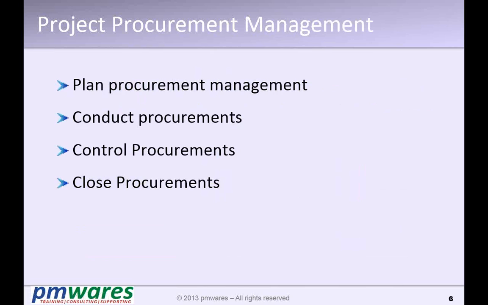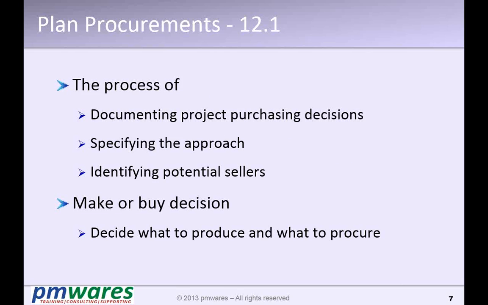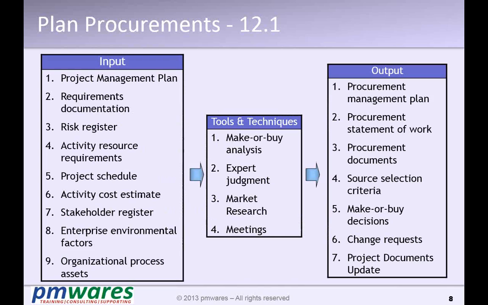The first step in this direction is planning the procurement, that is, developing a procurement management plan. The idea is to understand what kind of contracts are specified in our organization or in the industry, use one of them, take a make or buy decision, and prepare a procurement management plan.